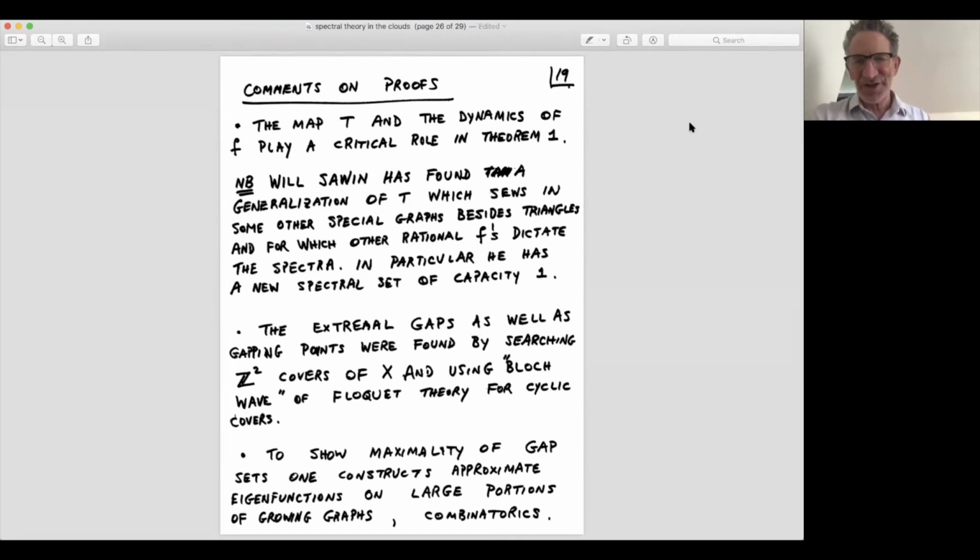Every question I've asked can be asked for four regular, but some of our proofs at this point are absolutely using three regular. I think eventually someone will be able to get around it, but we are using that heavily.